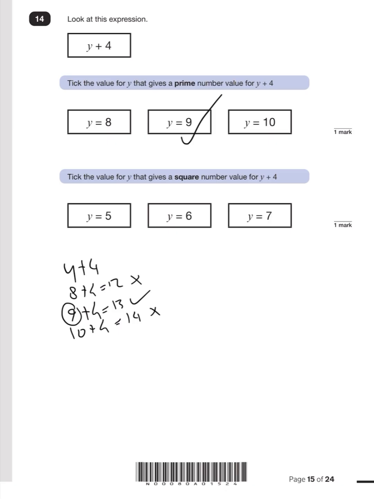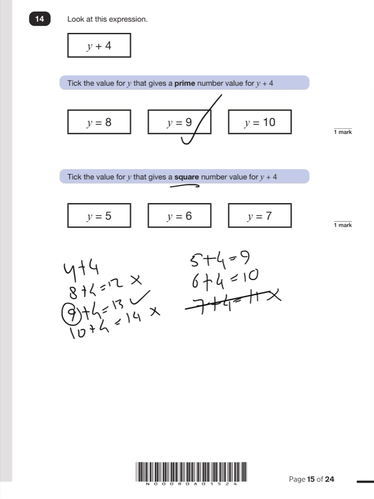Tick the value for y that gives a square number value for y plus 4. So y is 5, 5 and 4 is 9, 6, 6 plus 4 is 10, 7, 7 and 4 is 11. 11 is prime, so it's definitely not y equals 7. 10 is not a square number value. 2 times 5 is 10. 5 plus 4 is 9.